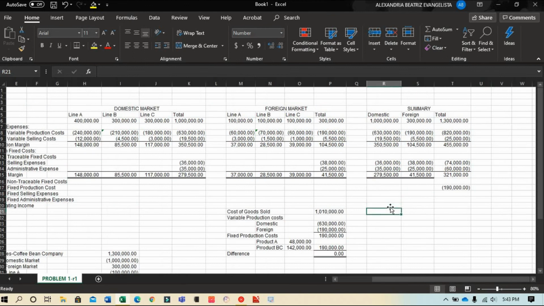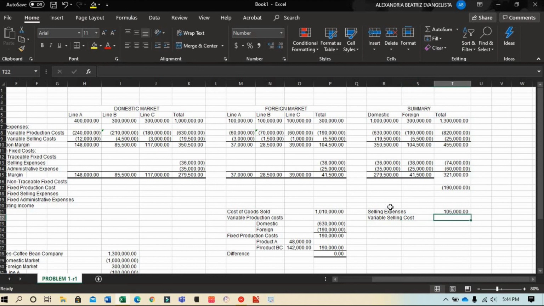So based again on the income statement that was provided, the selling expenses is 105,000. So let's break this $105,000 down. So under this account title, we're going to deduct the variable selling cost.